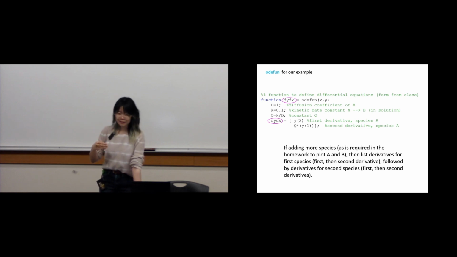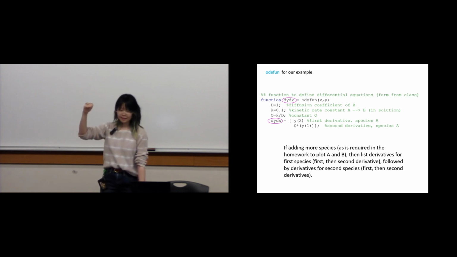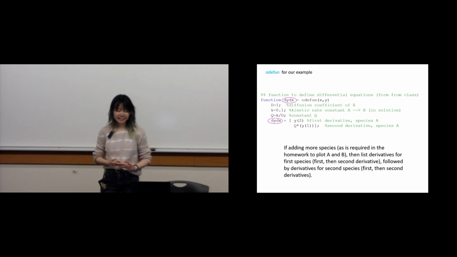How you define those equations will matter, because MATLAB will not know which one you're trying to write. It will just take it in as species A. So the equations related to the first species come first, and then the next chunk would be the equations related to the next species. If you mix it up, it's still going to read it like that, and it will calculate the change in concentration differently than what you're supposed to get. So just keep that in mind.